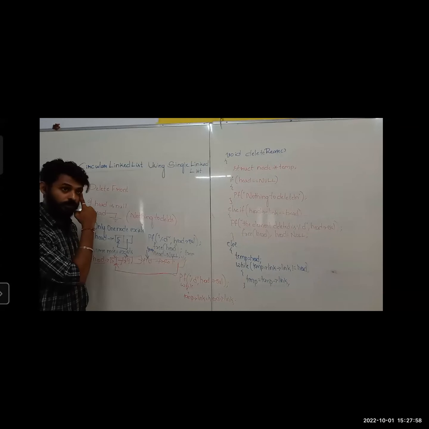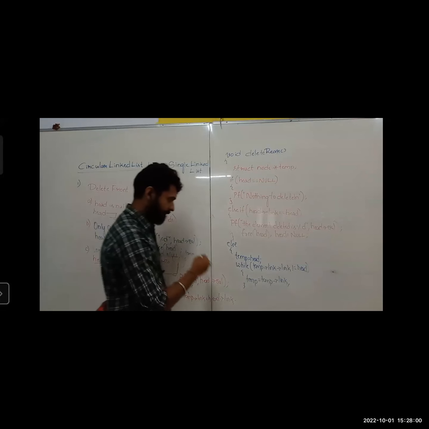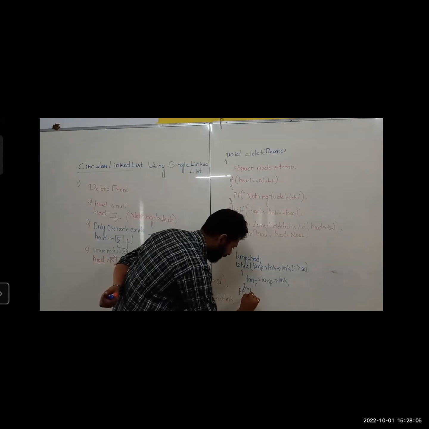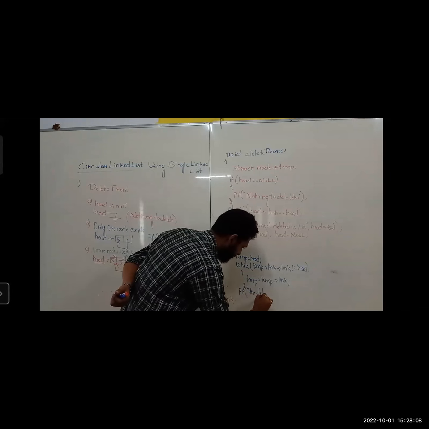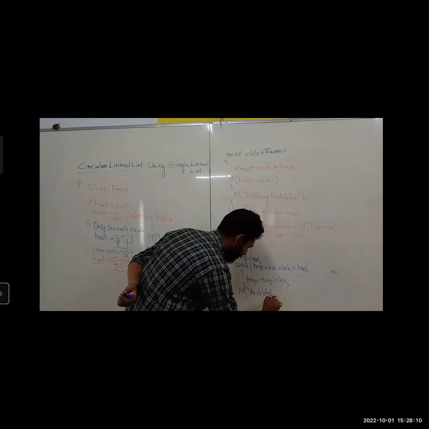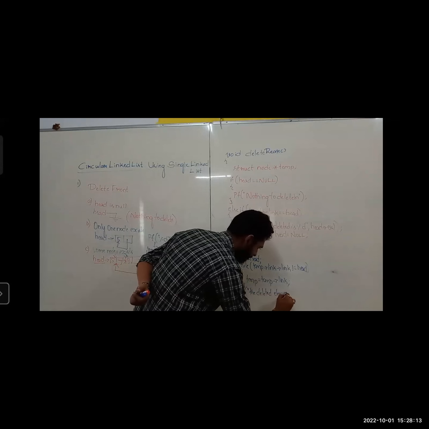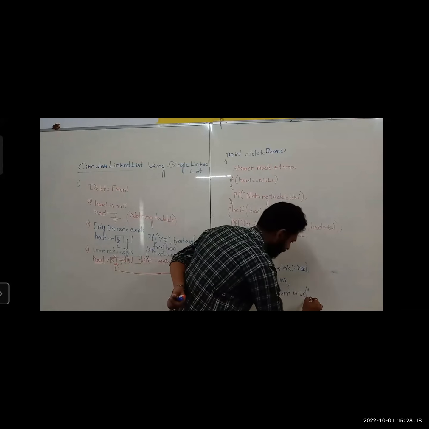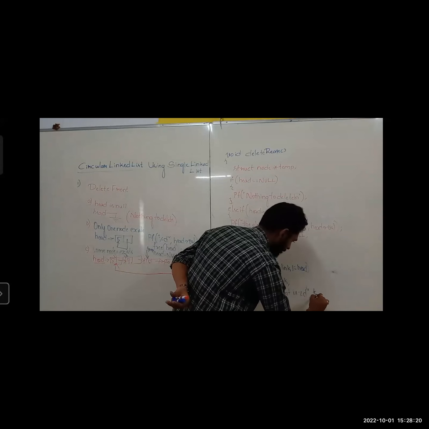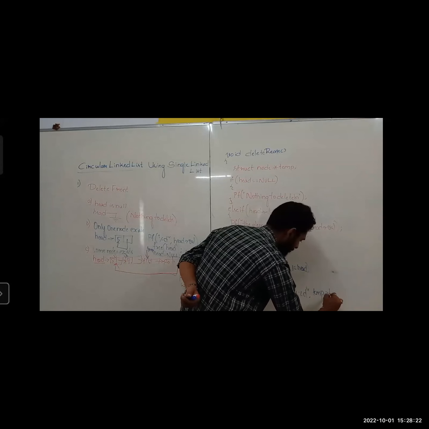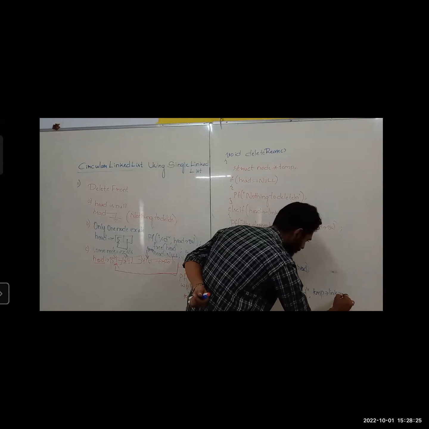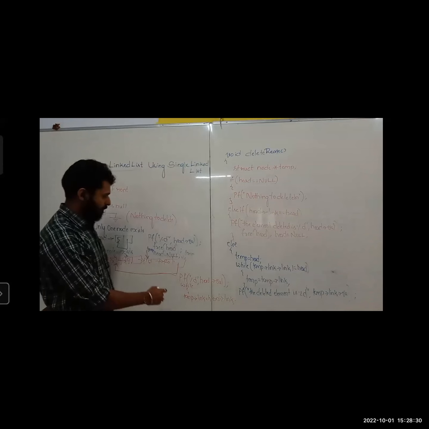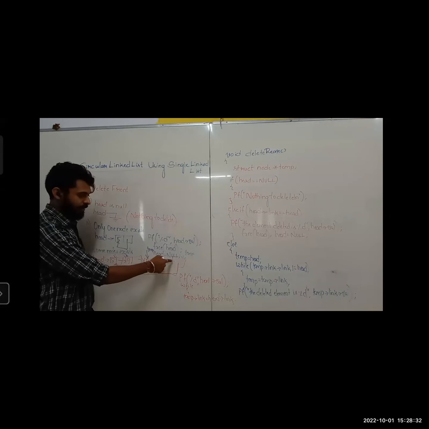Next, if I want to print the last node's value, how can I print it? Printf the deleted element is. Temp is pointing here, its link is pointing here, its value I am printing.